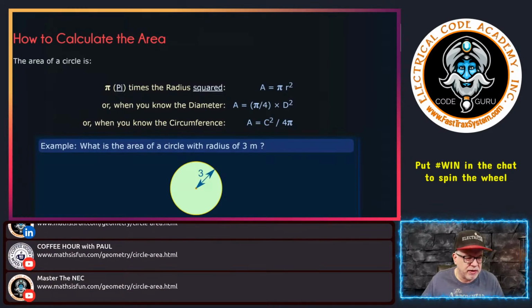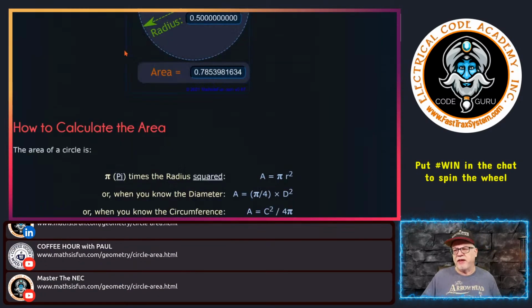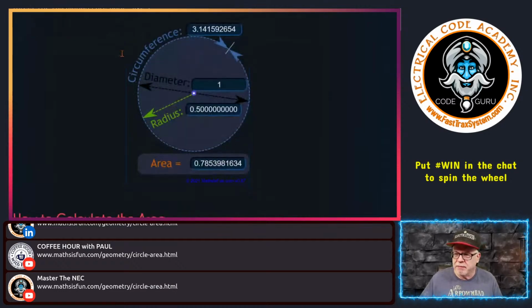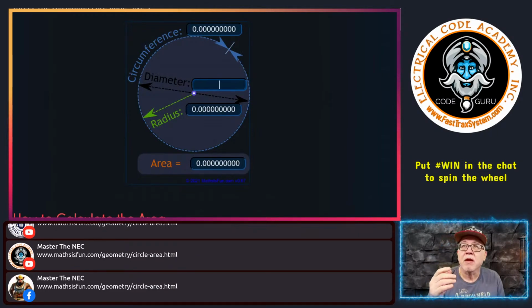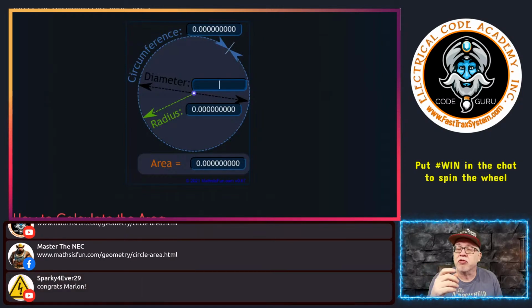Yeah. There we go. So anyway, this is pretty neat, right? Because if I want to find what the area is of something, all I have to do is put in the diameter. So let's say it was a tray cable that is 2 inches across the diameter.